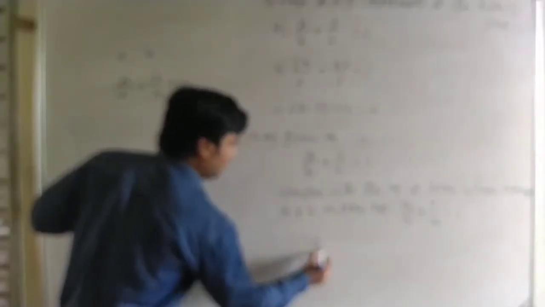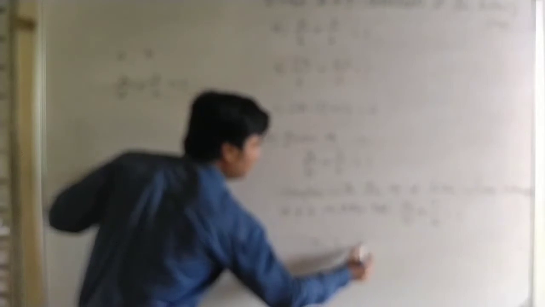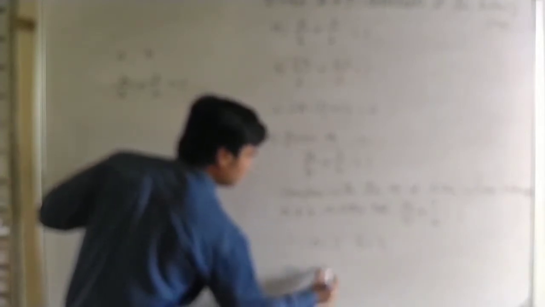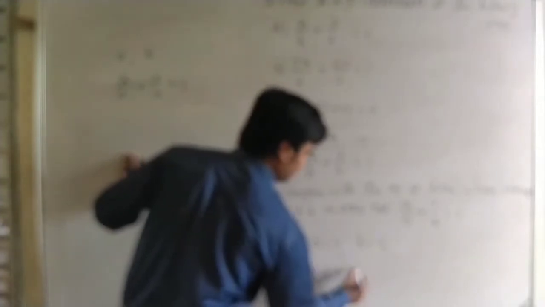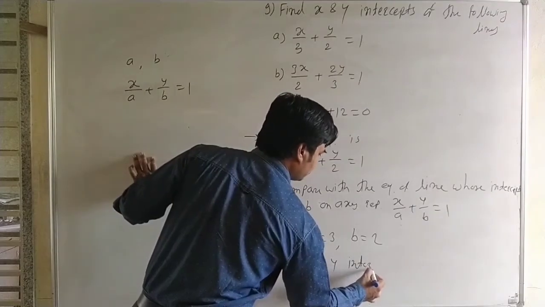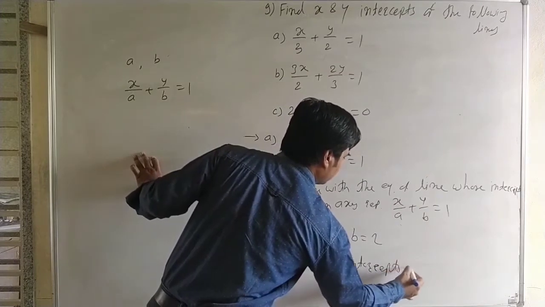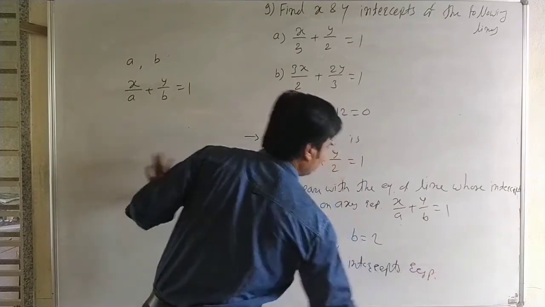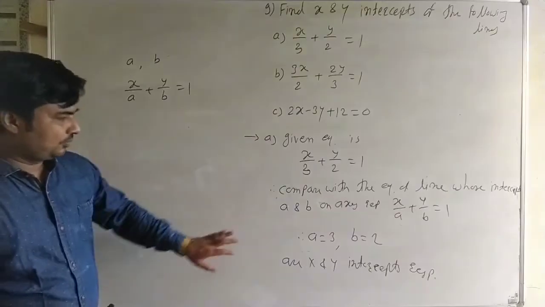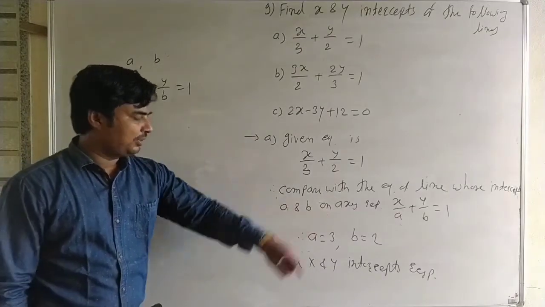Therefore a is equal to 3 and b is equal to 2 are the x-intercept and y-intercept respectively.